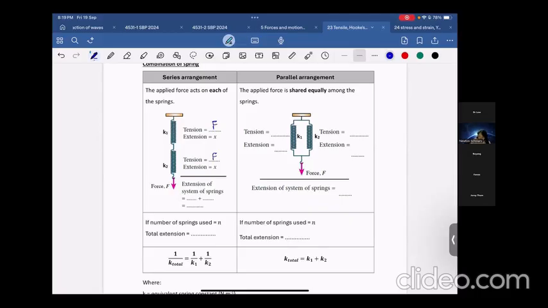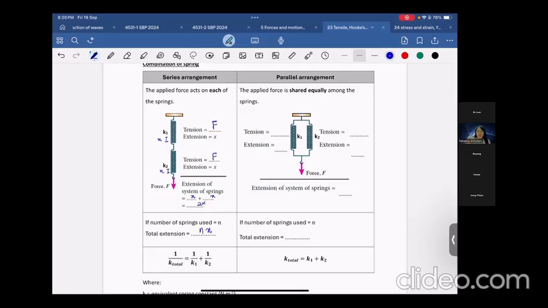So each extends X. It extends because we are pulling down. In this system, X plus X, in total we extend 2X. If you have N springs of the same kind, the total extension should be NX. How do we calculate overall?